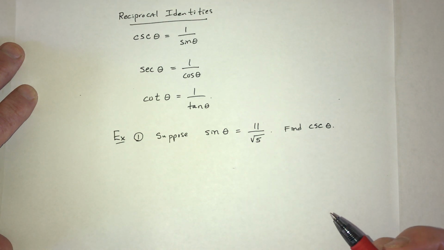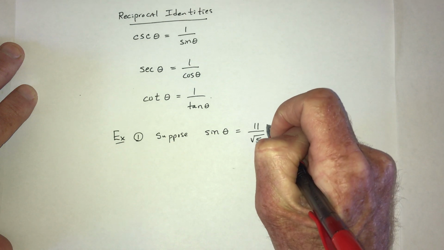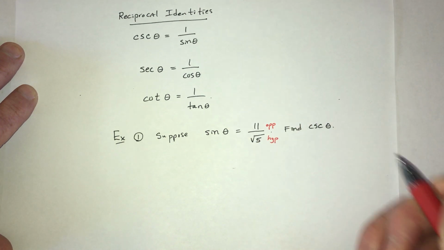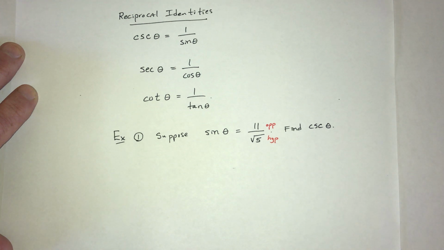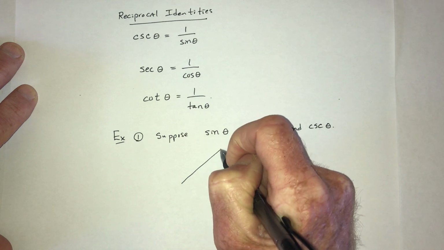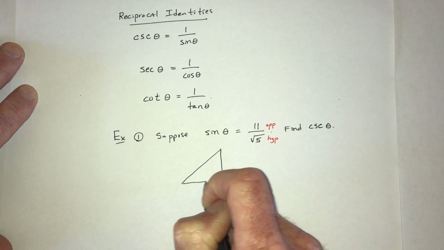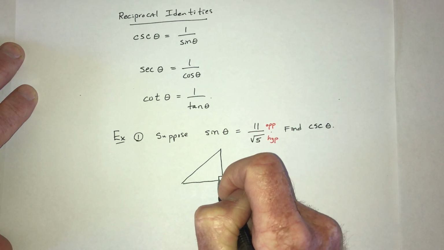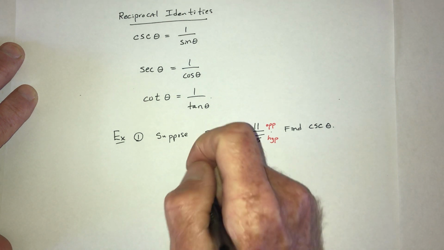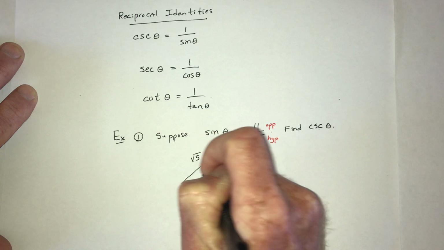Why is this impossible? Well, sine is opposite over hypotenuse. Oscar had opposite over hypotenuse. So this will be the 90 degree. Across from that is the hypotenuse, so this is square root of 5.